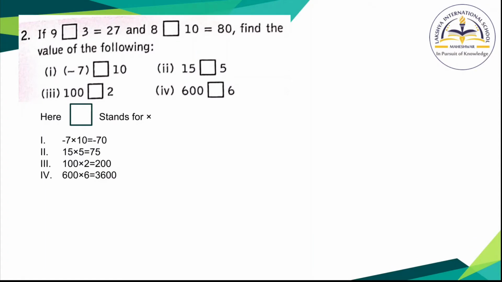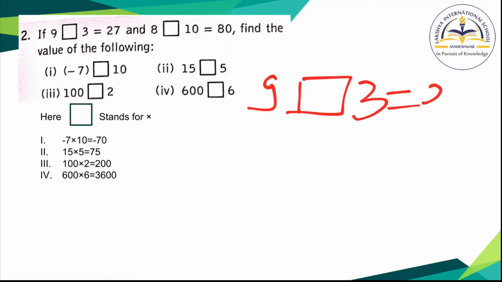Now question number 2. If 9 box 3 equals 27, 8 box 10 equals 80, find the value of the following. Here you can see 9 box 3 is 27. When you put the addition sign, you will get 12.